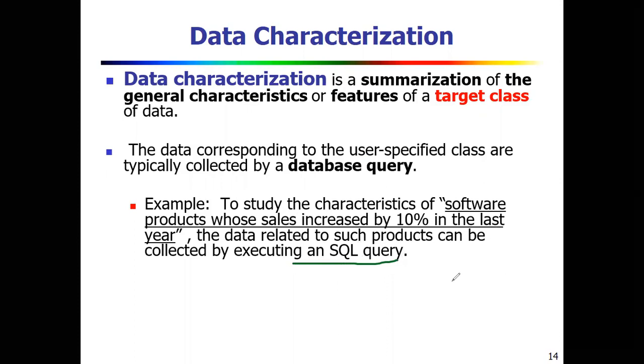When we write an SQL query for this and execute it, we get a summarization or some values of the features. That is the software products and how much they increased in the last year.